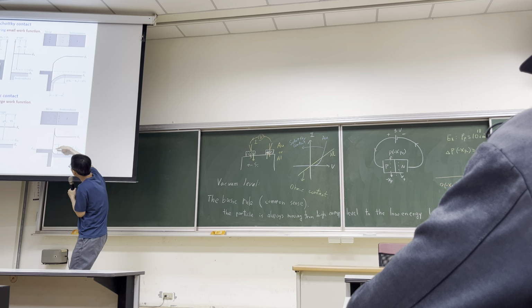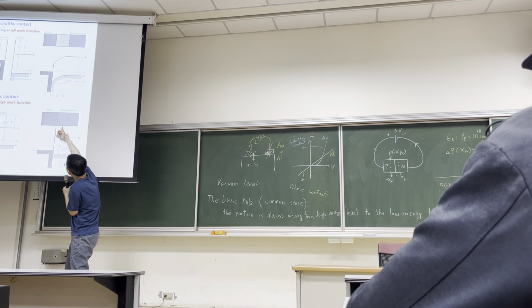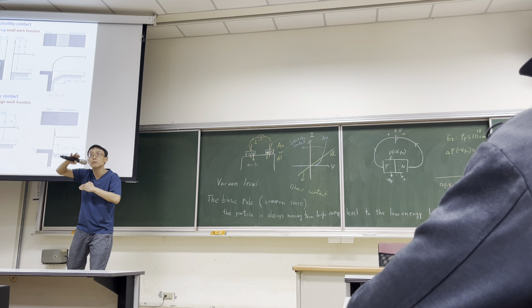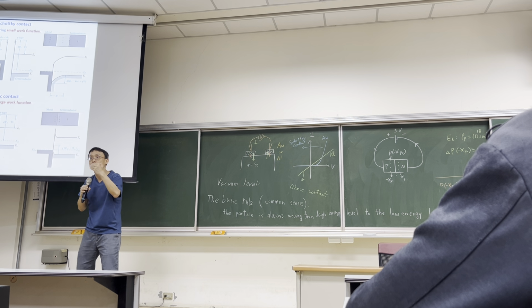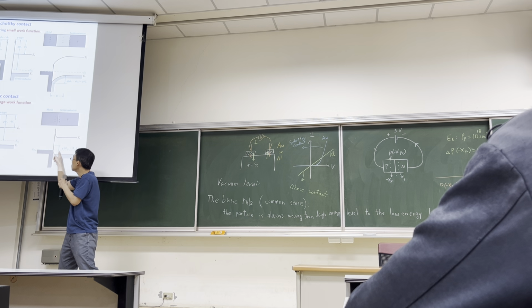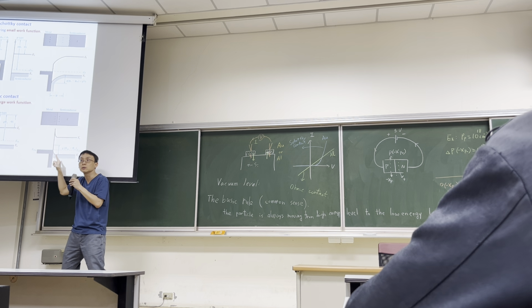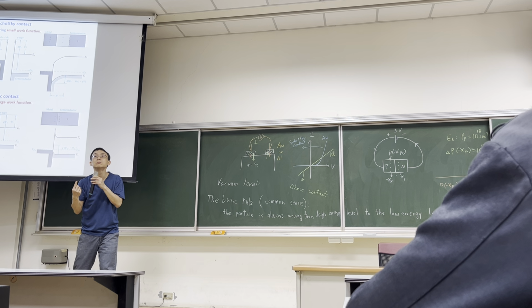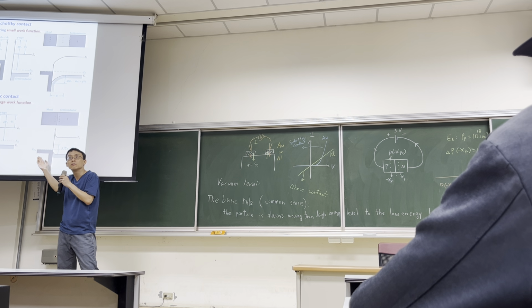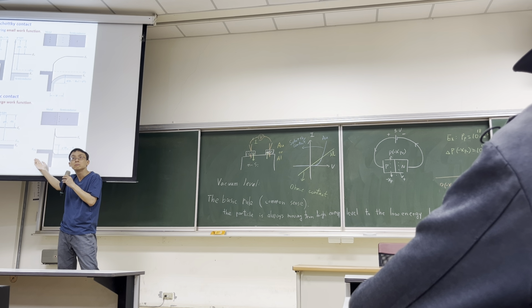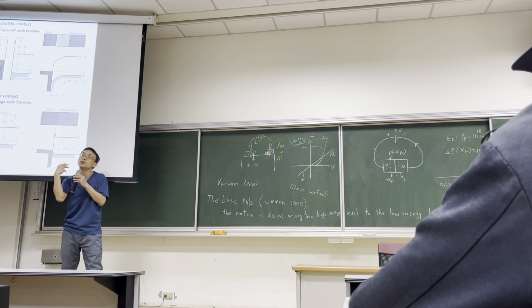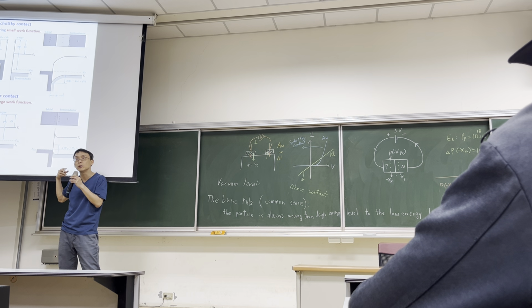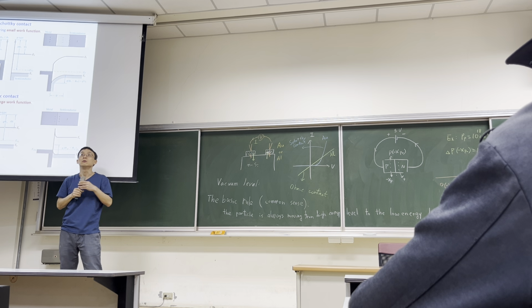So you can see the distance from the Fermi level to the conduction band becomes longer, which tells you the electrons in this region close to the interface become fewer, going to the side of the metal, because of the energy difference, the level difference.